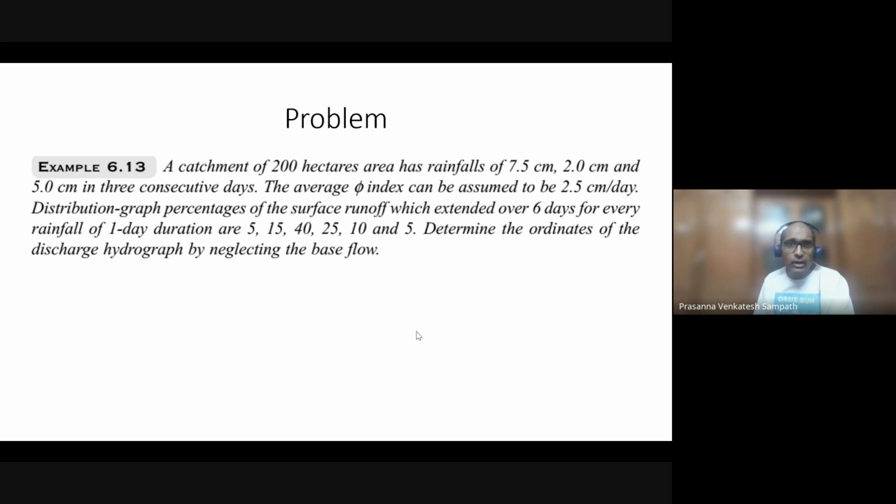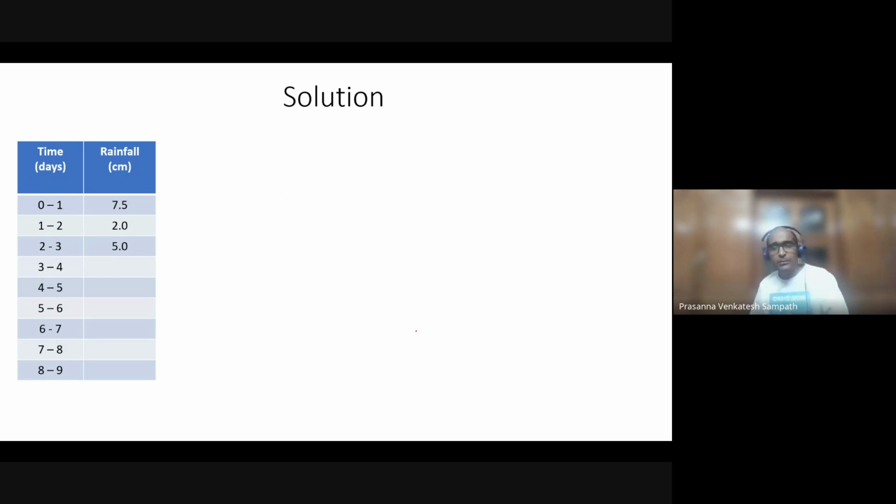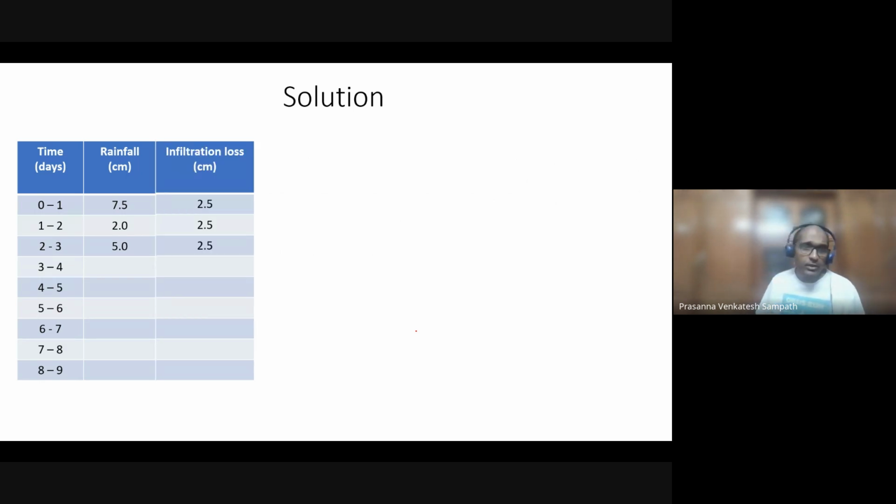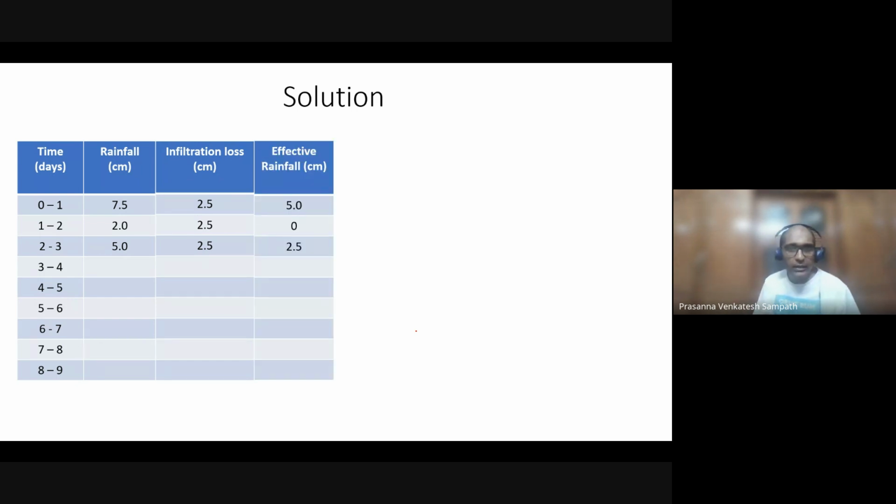Okay, so now let's go to the next part of the problem. Infiltration loss on each day will be 2.5, 2.5, 2.5 centimeters each, which means we get an effective rainfall of 5 centimeters on the first day, 0 centimeters on the second day, and 2.5 centimeters on the third day.